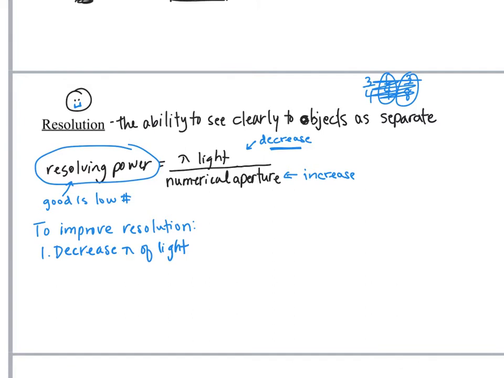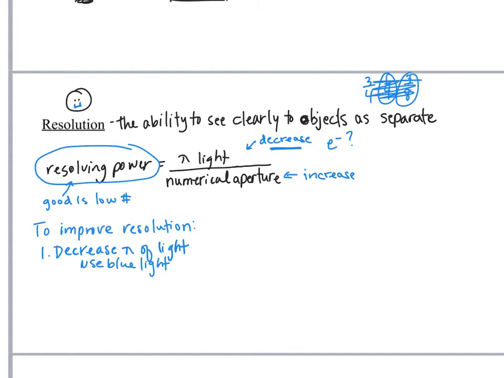Blue light is on the shorter side, maybe closer to 400, 450 nanometers. So we could, in theory, use blue light. I haven't ever tried that instead of white light, but in theory, that would give us a little bit better resolution. The main reason I bring this up is, what if we use electrons instead of wavelengths of light?